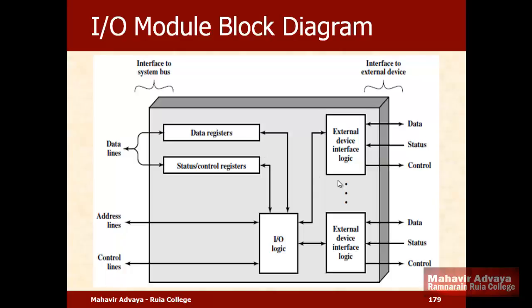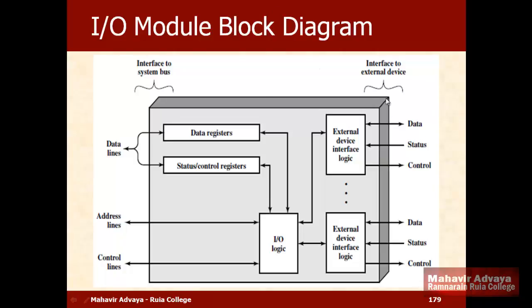Also, you have the status and control register that stores the status of the key input-output devices and also selects the input devices that are required to transfer the data between the device and the processor or the memory. This is how the input-output module works as the interface between the devices.